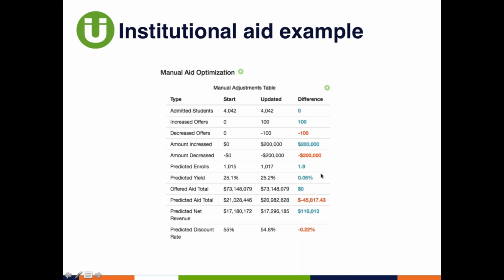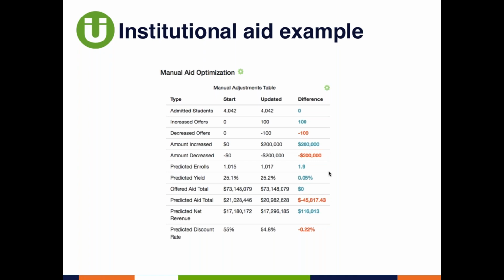So here, they used the tool to tweak and adjust it according to their needs, and they increased 100 offers, decreased a different 100 offers, and ultimately, the result here is that we're predicting they're going to spend $46,000 less in aid, get $116,000 more in predicted net revenue, and so spending $46,000 less in aid and getting 2 more students. So ultimately, you could spend the same amount of aid and get more students, or you can spend less aid and get the same amount of students, depending on what the needs of your school are.